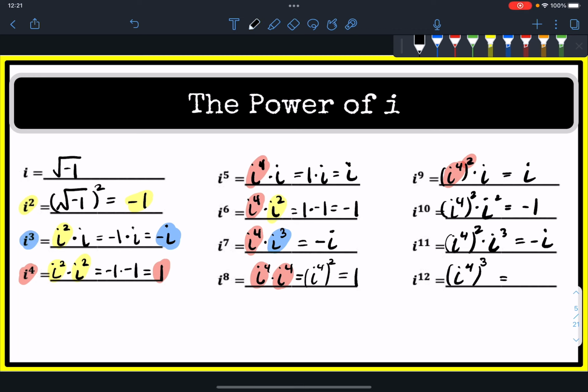This is going to equal 1. Since 4 times 3 is equal to 12, there are no more extra factors, and we're going to end up with that.